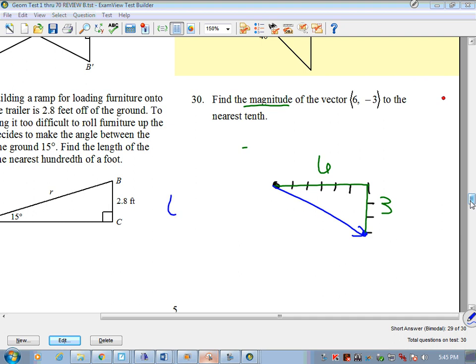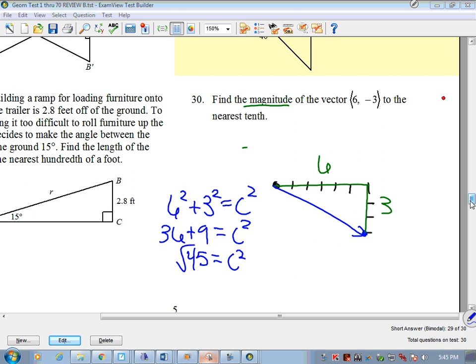So we can find this by doing 6 squared plus 3 squared equals c squared. We're going to get 36 plus 9 equals c squared, 45 equals c squared. We're going to square root 45. 45 is 5 and 9, 3 and 3, so if you want to say it's 3 radical 5, you can.